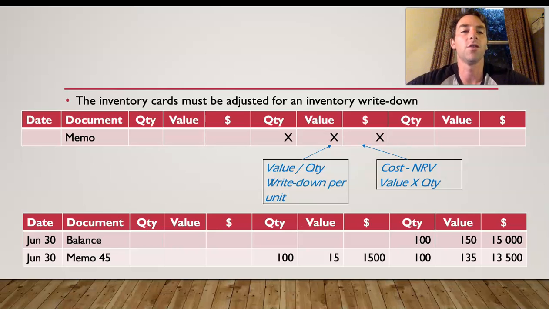We now have to reduce them to their NRV, which is 135. So how do we reduce the value from 150 to 135? We do 100 as our quantity with a value of 15 leaving our business, which then results in this total here.